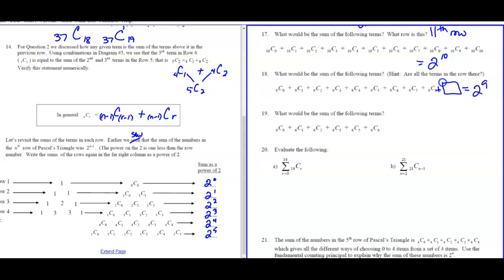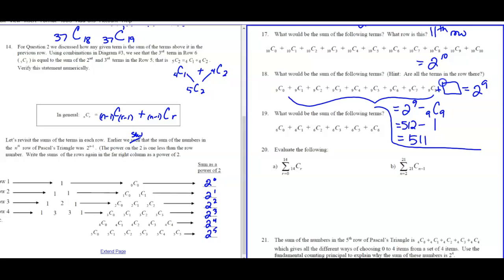That means this value here will equal 2 to the 9th minus 9C9, which is just 1. A lot faster than adding in all of those combination notations in the calculator.